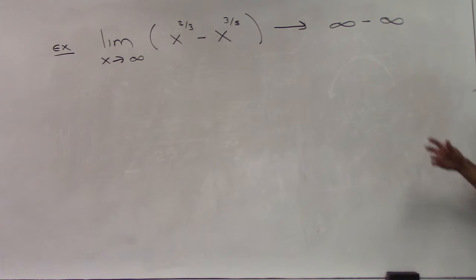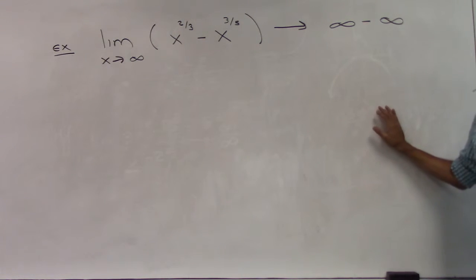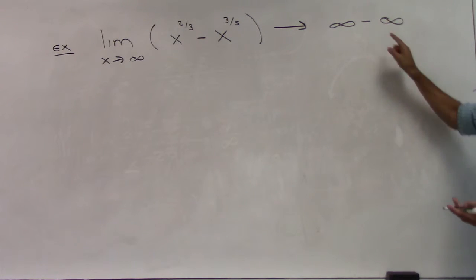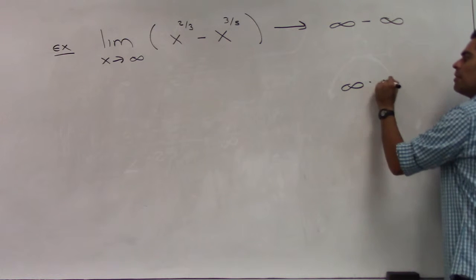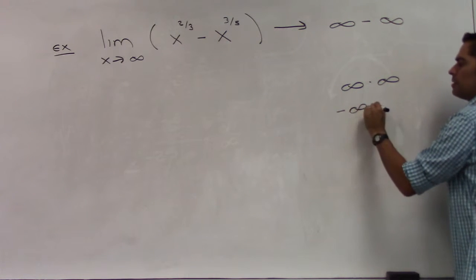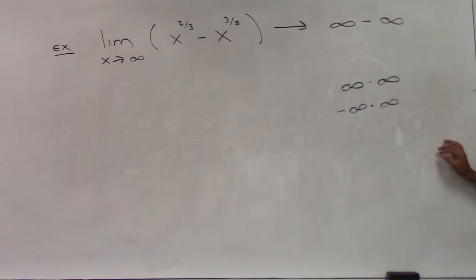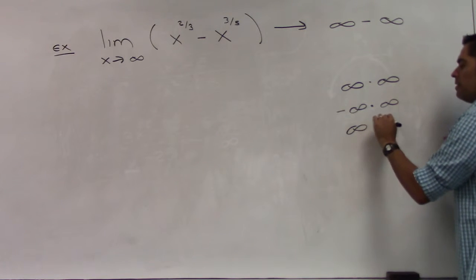So I like to always say if you have infinity minus infinity, you can always try and turn it into a product, like turn it into multiplication. Because even though we don't know what that is, we do know what this is, right? And we also know what this is. So multiplication of infinities is not a problem. Subtraction is. And we also know what addition of infinities is, right?